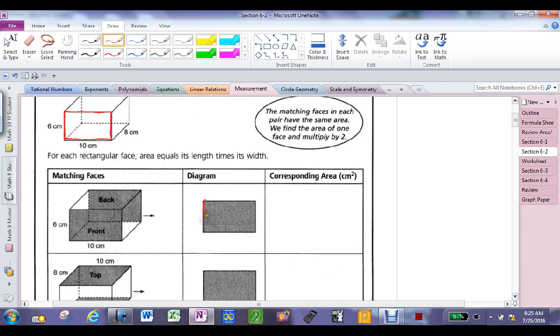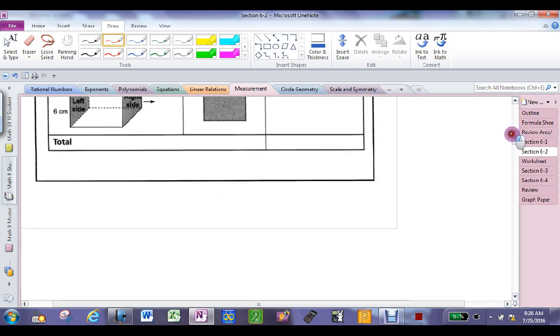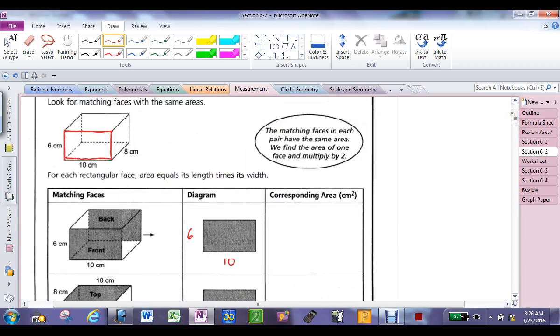What is the width of the front? 6. What is the length? 10 centimeters, correct? Does everybody agree? Yeah? Okay. So what is this one's area? 6 times 10, which is 60.